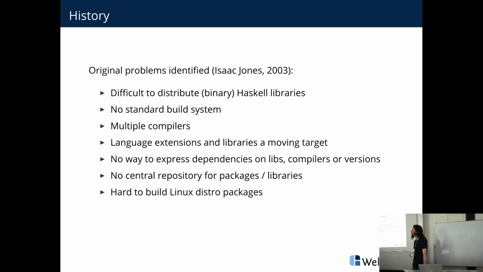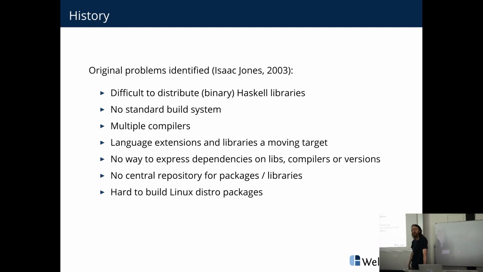There were multiple compilers. Haskell language extensions were coming thick and fast, and they were different between different compilers. And libraries, of course, were also a moving target. There wasn't any way to express dependencies, and there was no central location to find code or distribute code.